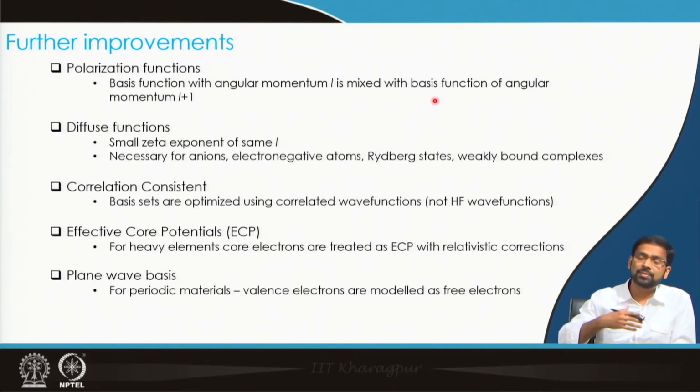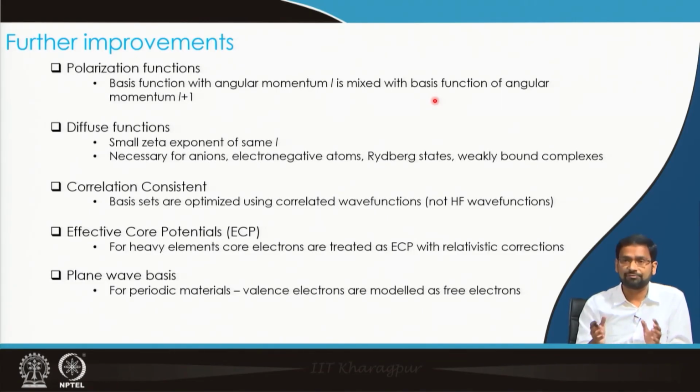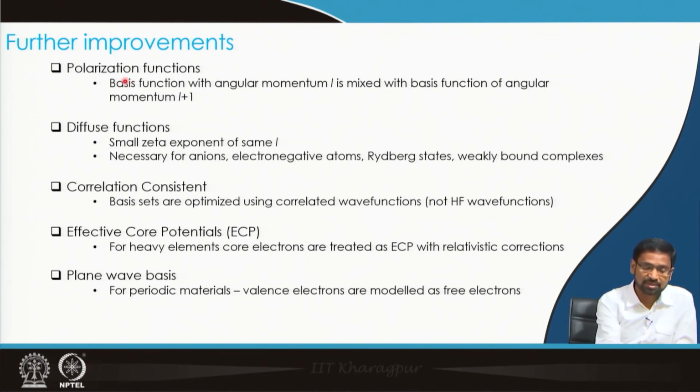Similarly, when you are making a bond with respect to 2p, you would require a function of orbital angular momentum higher than the valence electron. For example, if your valence electron is in L equals 1, you require L equals 2, some d type of function, so that you have enough polarization, and that gives you freedom in the molecule to form different types of bonds. This is typically done by adding polarization functions.